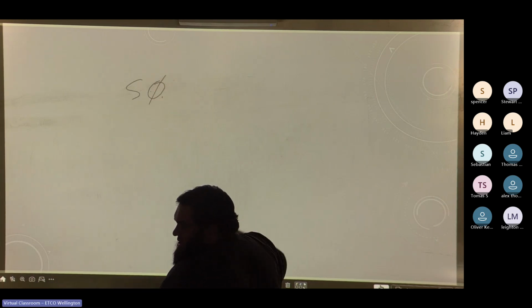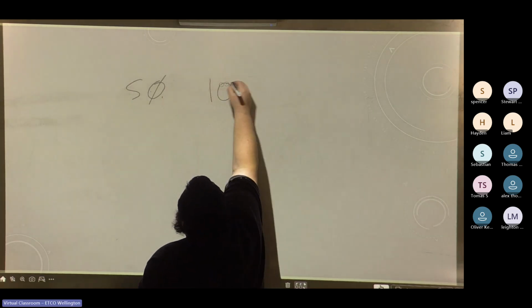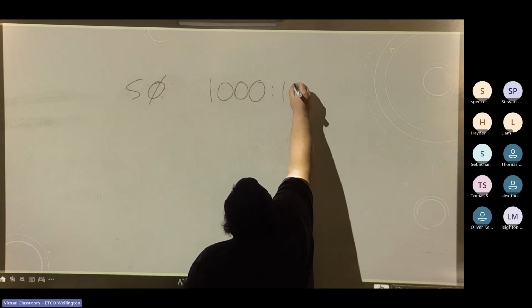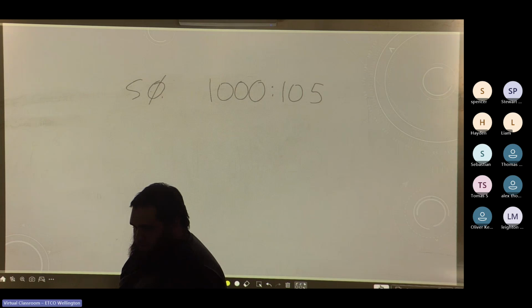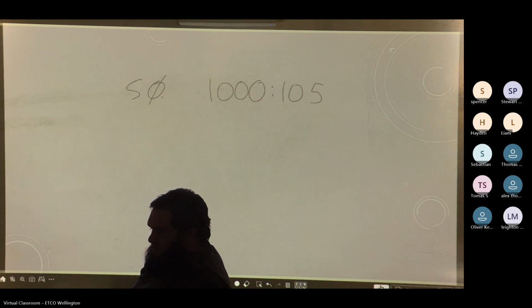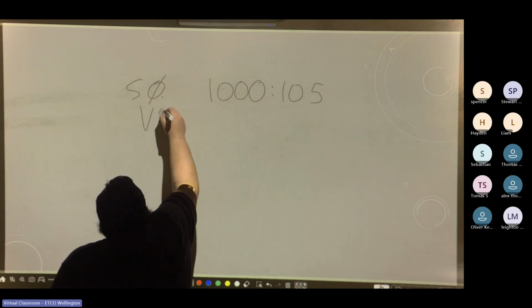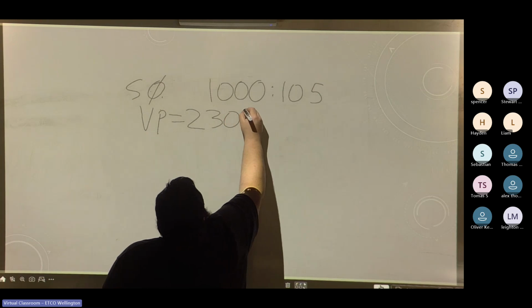The turns ratio of 1,000 to 105. So calculate the output voltage of the secondary winding. So VP equals 230 volts.